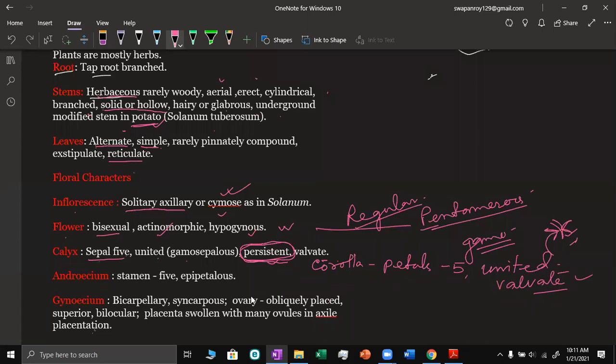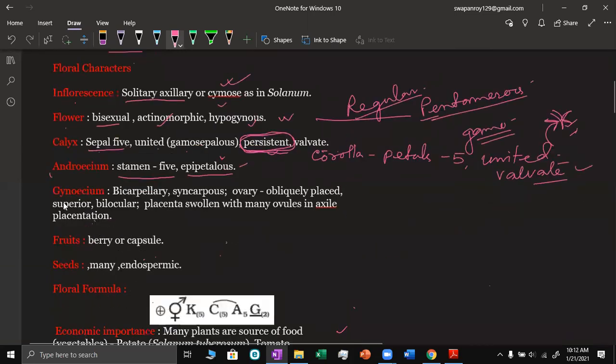Similar. Okay, androecium here: stamens 5, and one of the important features is epipetalous, that is stamens are united with the petals by their filaments. Okay.